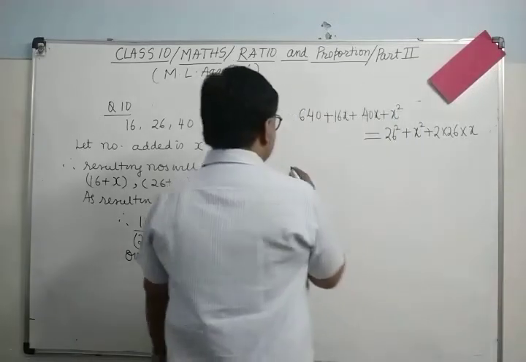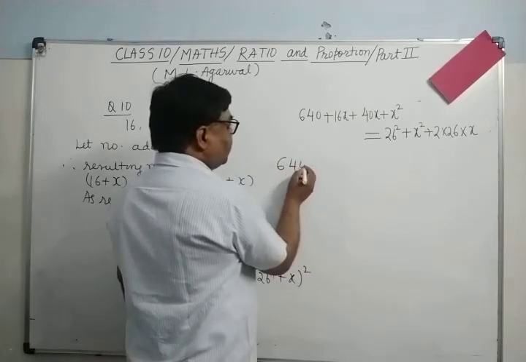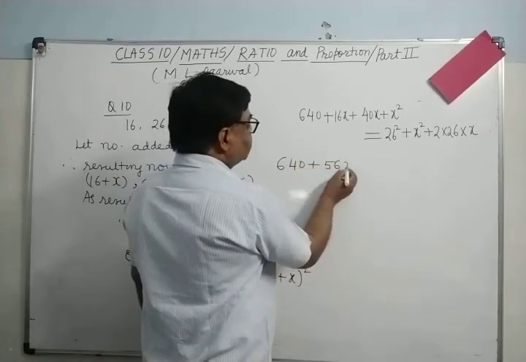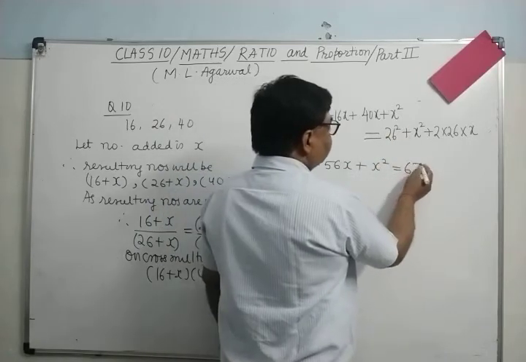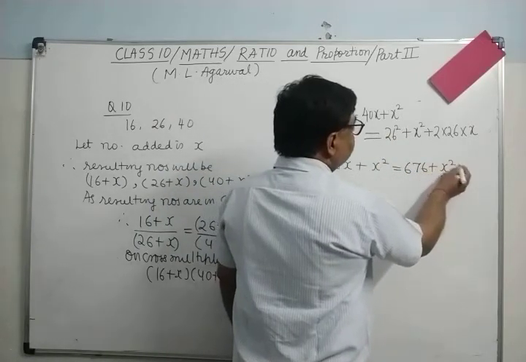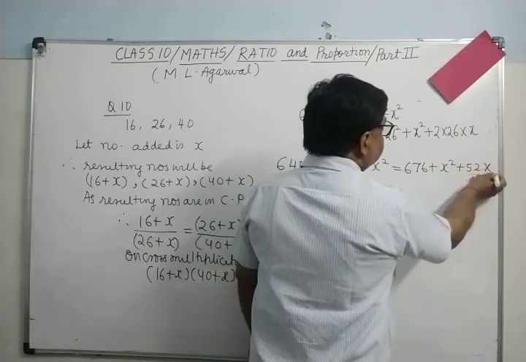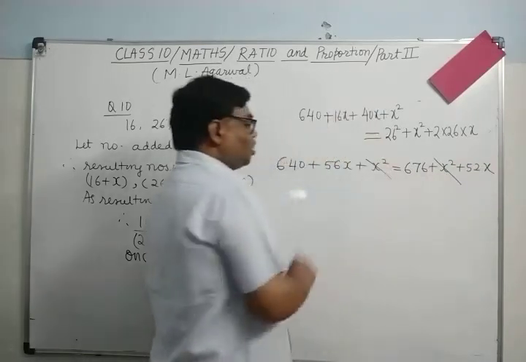So it will be 640 plus 56x plus x square equals 26 square, 676, plus x square plus 52x. So x square and x square cancel.